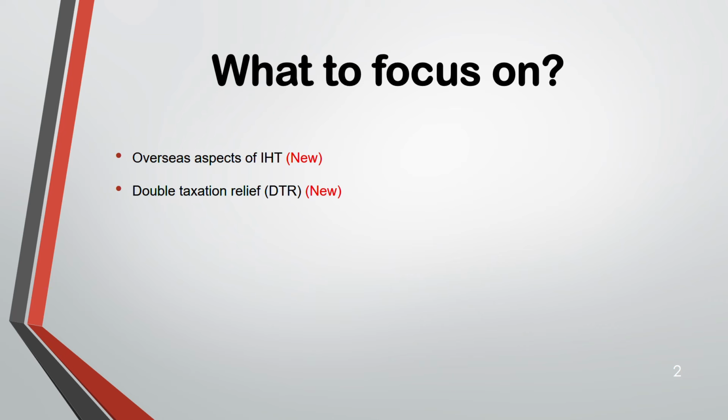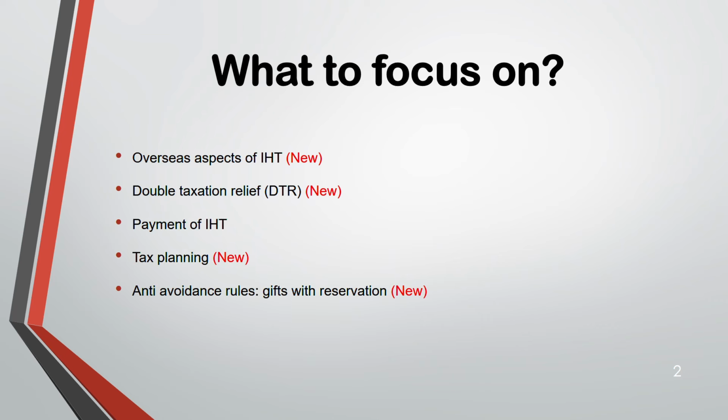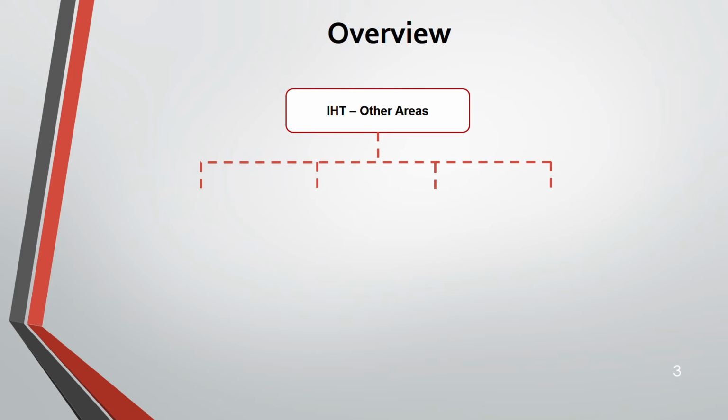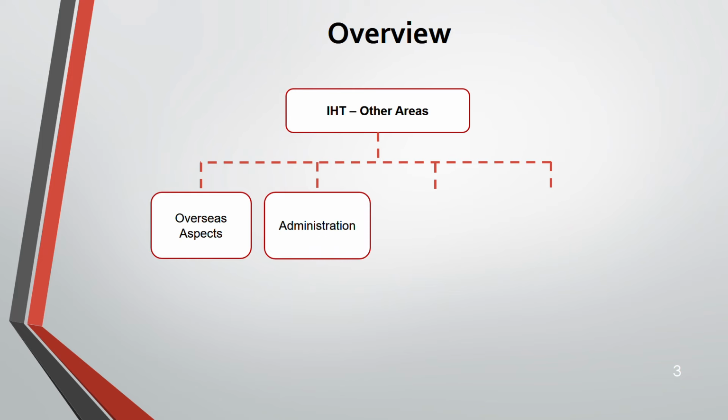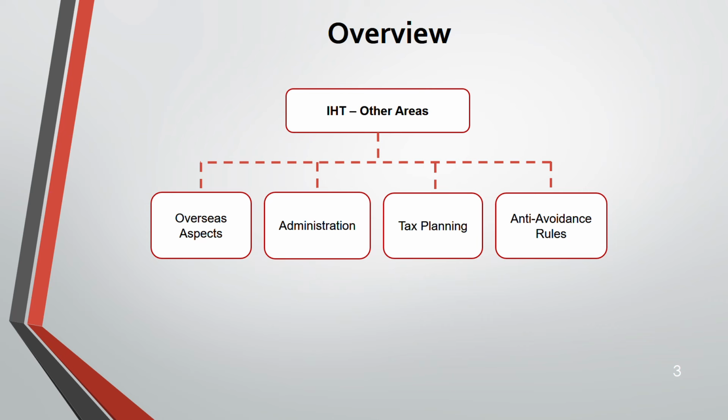Then we have double taxation relief, DTR. Then payment of IHT, tax planning is new, and anti-avoidance rules, gifts with reservation. Then summary. So the overview of this lecture, let's quickly go through overseas aspect, administration, tax planning, and anti-avoidance rule.